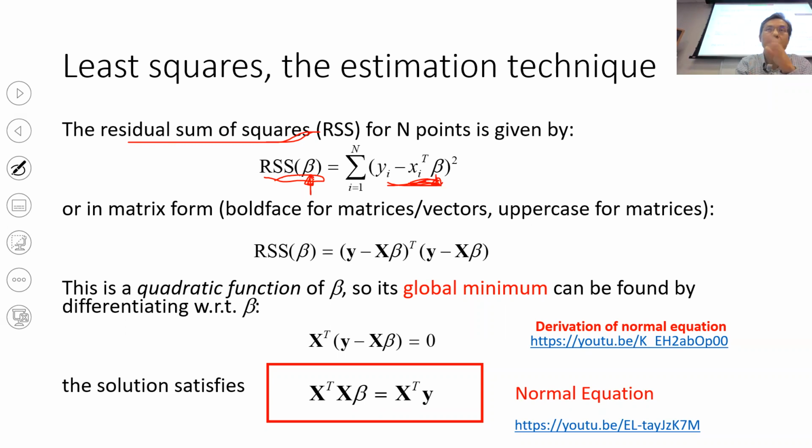So RSS is a function depending upon the values of beta. That's why I want to estimate from my data points the best combination of beta values to minimize RSS. Okay, this is the whole idea of this.